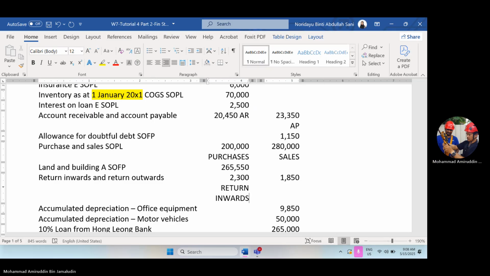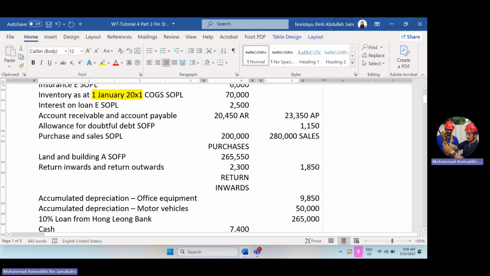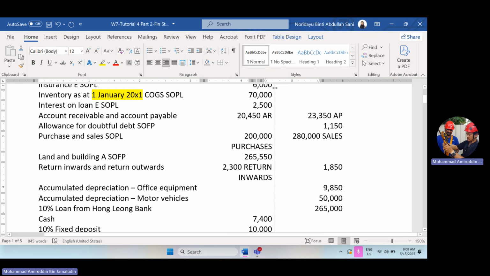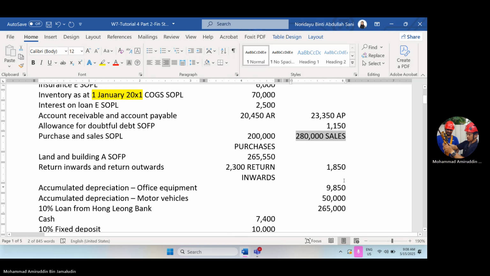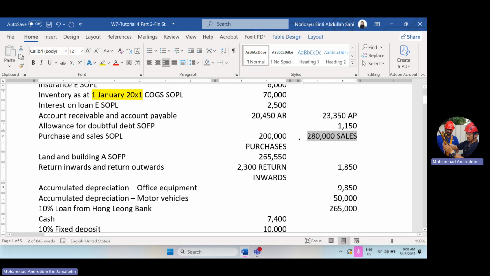It reduces your sales. Sales are on credit, so something that reduces your sales should be on debit.